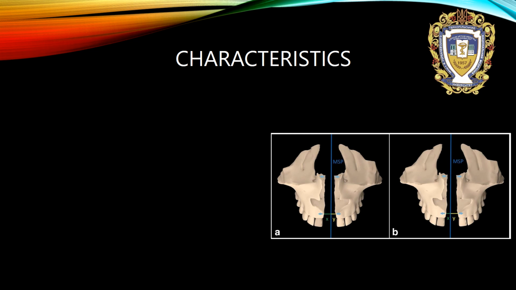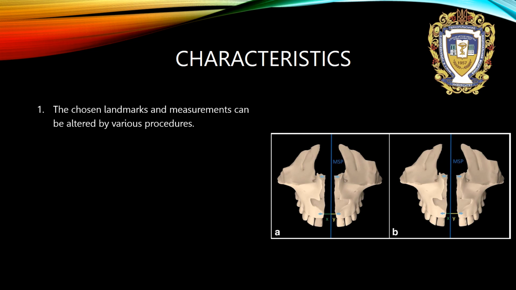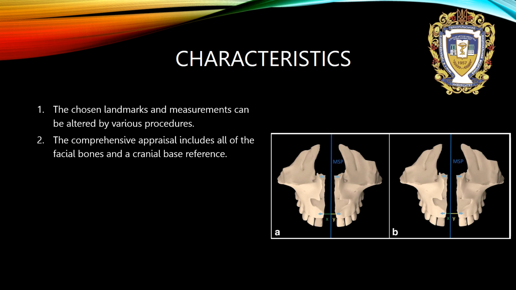And now, let's continue to talk about characteristics. First one. The chosen landmarks and measurements can be altered by various procedures. The comprehensive appraisal includes all of the facial bones and the cranium base reference.